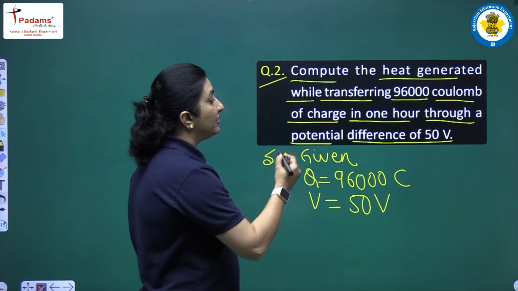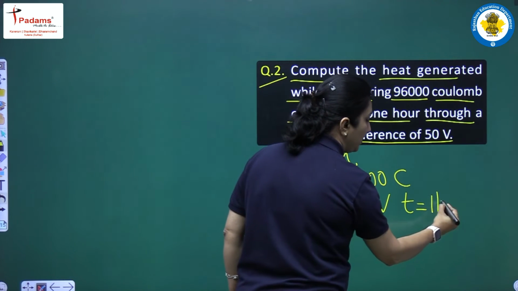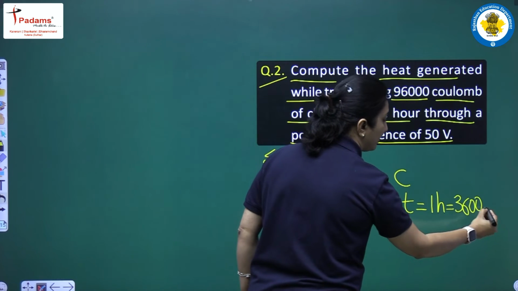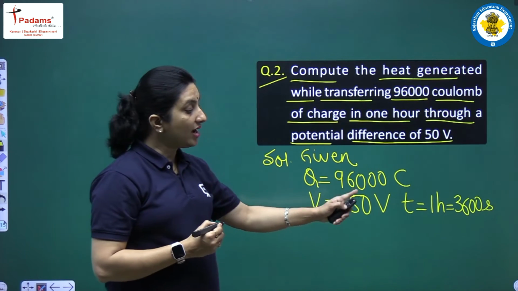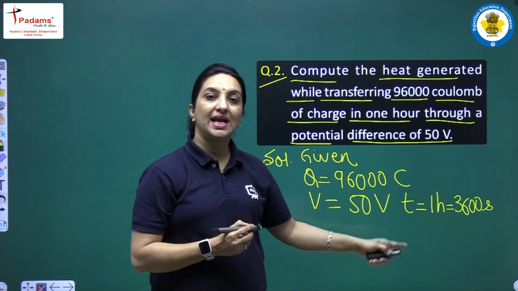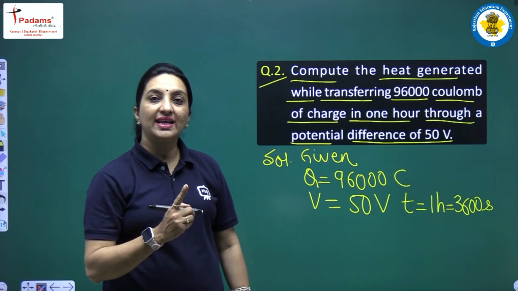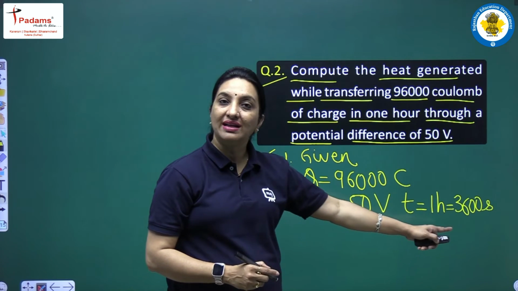Now here the time is given as 1 hour. Now 1 hour means 3600 seconds. How I calculated this? In 1 hour there are 60 minutes and in each minute there are 60 seconds. So what we get is 60 multiplied by 60, that is 3600 seconds.